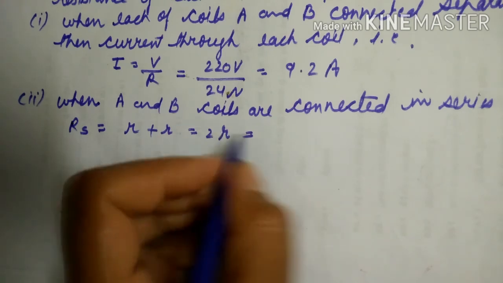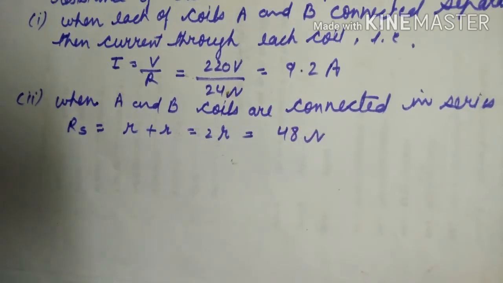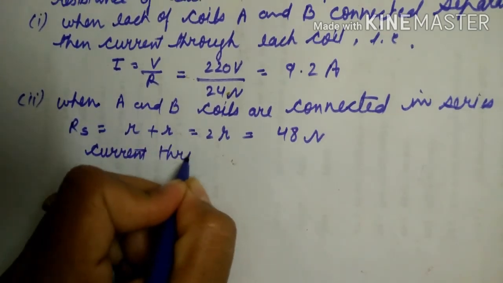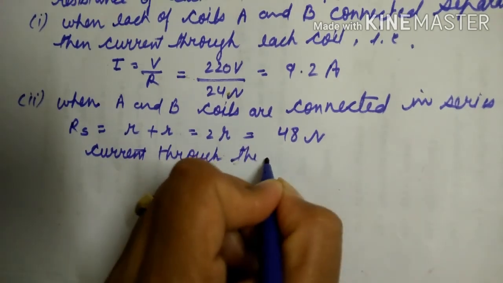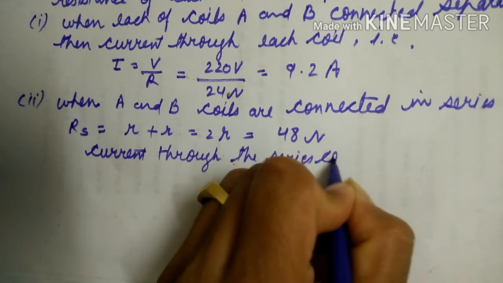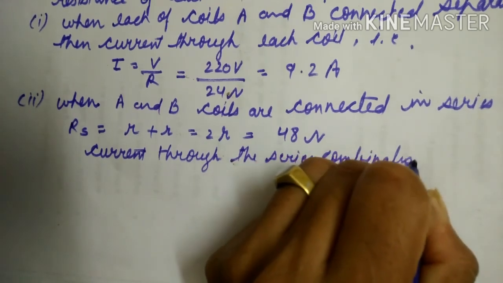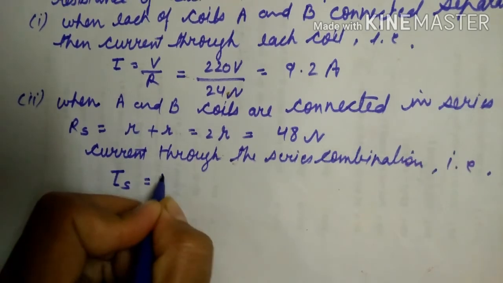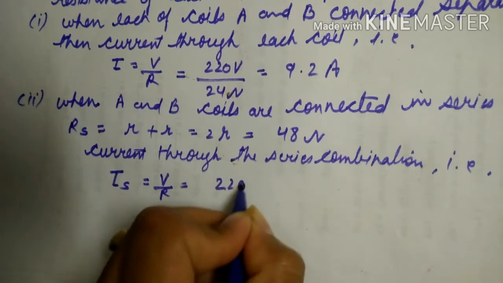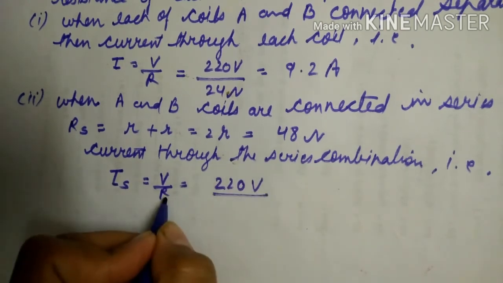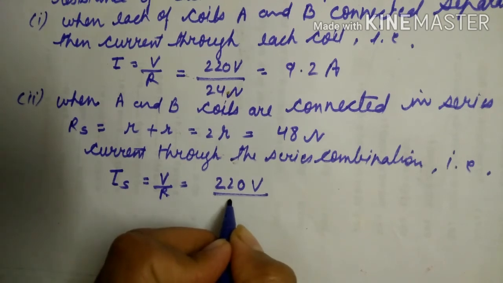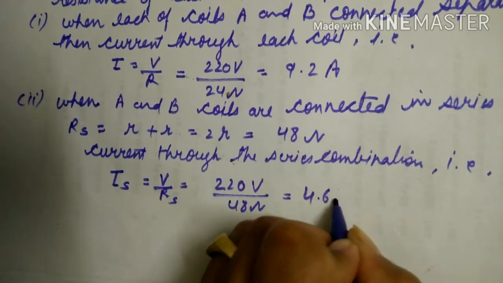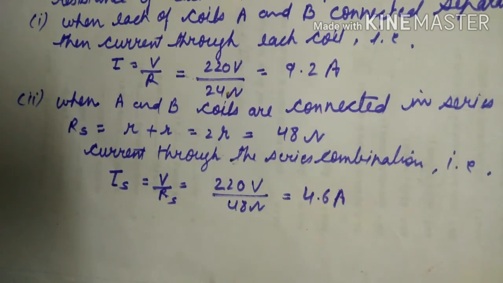Small r is 24 ohm, so total 48 ohm. So in this case, current through the series combination, so that is current in series V upon R. V is 220 volt, R 48 ohm in series. Okay, so the current in series, it will be 4.6 ampere.